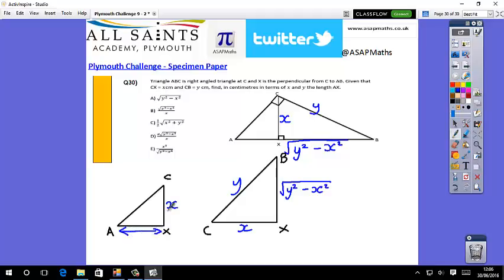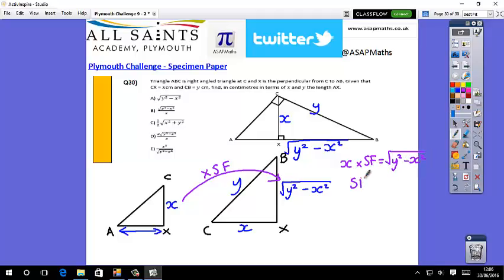But first of all, what I need to know is the scale factor. So to get from triangle AXC to CXB, I would times by my scale factor. So I would have times X by something to make it this. So let's find that scale factor over here. So X times the scale factor is equal to the square root of Y squared subtract X squared.